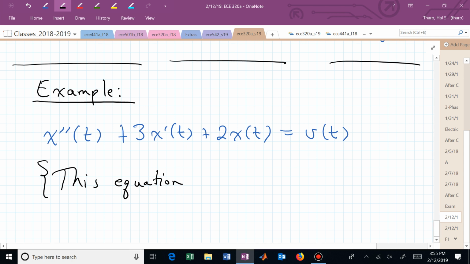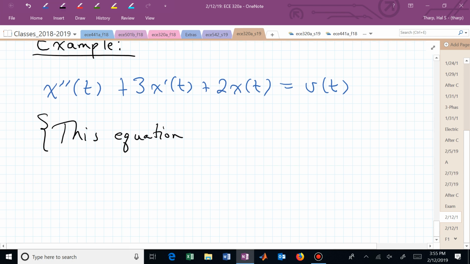Time invariant means the coefficients, the 3 and the 2, are not functions of time. It's linear. We don't have any products of x with x prime, or an x squared. We don't have a square root anywhere. We don't have a sine of x or a cosine of x floating around. It's linear.